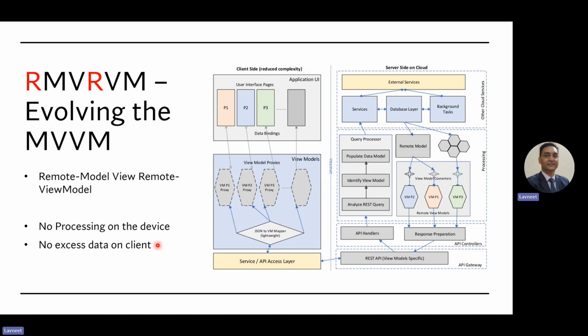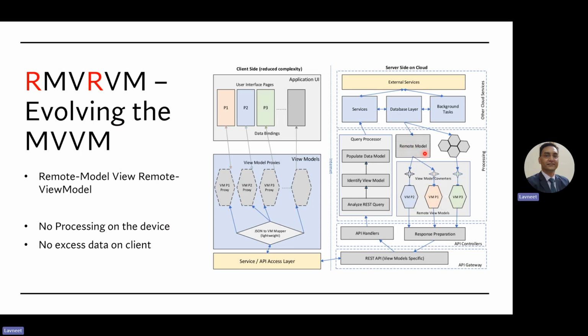We have the views as in MVVM, but the view model objects are also there, though we call them view model proxy objects because the real view model objects are lying on the server side. The server side has the view models corresponding to each view.